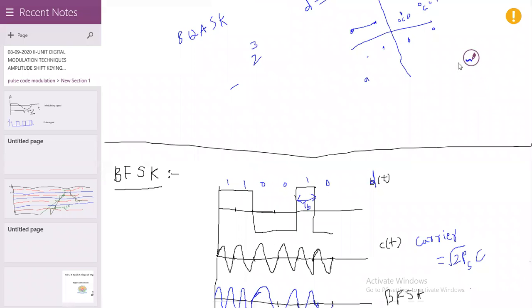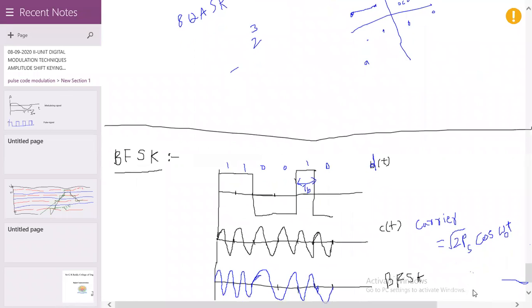That is the general equation, root of PS cos omega naught t. The frequency of that signal is F0, the instantaneous frequency, and the angular frequency is omega naught. Then that is the carrier signal.